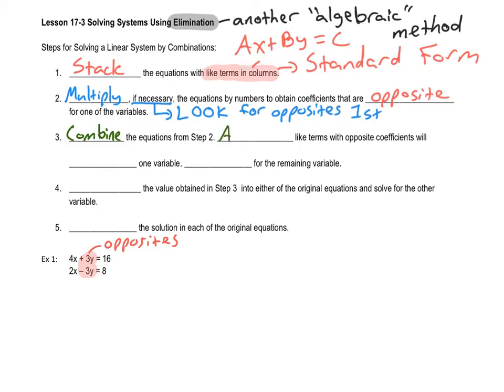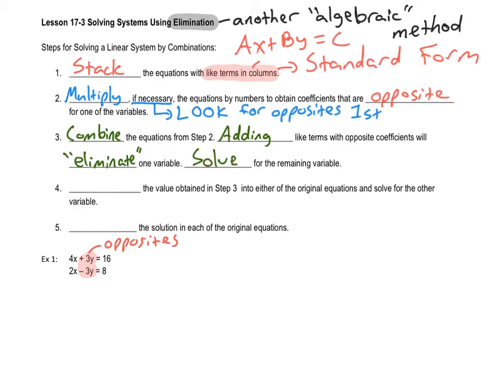You're going to be adding like terms with the opposite coefficients, and those opposites will eliminate. And that's why they call this elimination, or also elimination by combination. You're going to be adding equations and eliminating at least one variable. Because now what's left is what you could solve for that remaining variable.